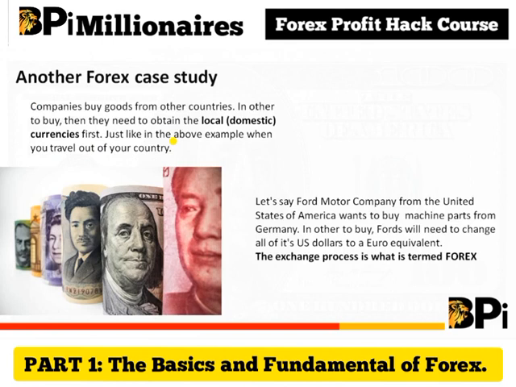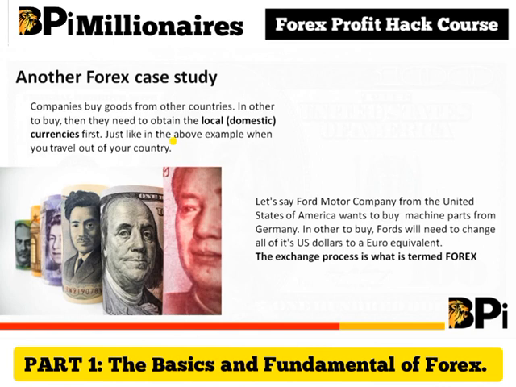Another way people trade Forex is this. Take for instance a company trying to buy goods from another country. For that to happen, this company will have to obtain the local currency of the country they want to buy the goods from. For example, if Ford company from the United States of America wants to buy machine parts from Germany, they cannot buy these machine parts from Germany using dollars.